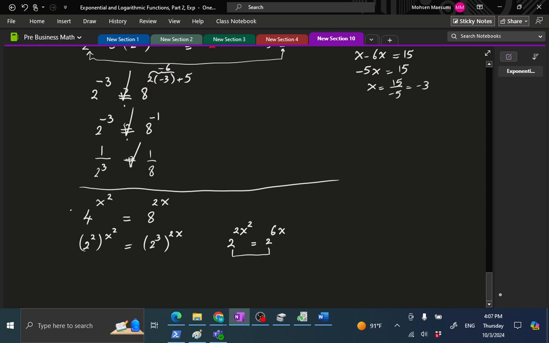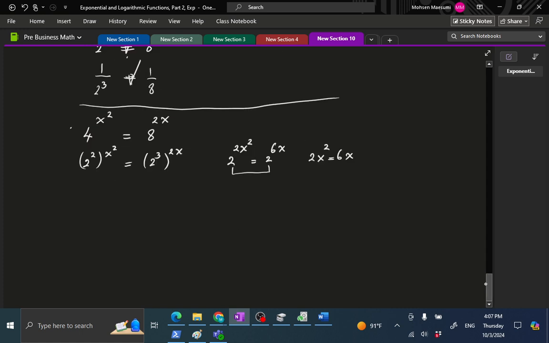Now the bases are the same, and we say the equality can happen only if the exponents are the same. Now I have an equation by setting these two equal to each other. Whatever it is, we go back to the lessons we learned at the beginning of semester. It's a quadratic equation. You can solve it by factorization, by quadratic formula, or whatever you like. So in this case, I have 2x squared minus 6x equal to 0. Brought everything to one side. I factor a 2x, and then I have x minus 3 equal to 0.